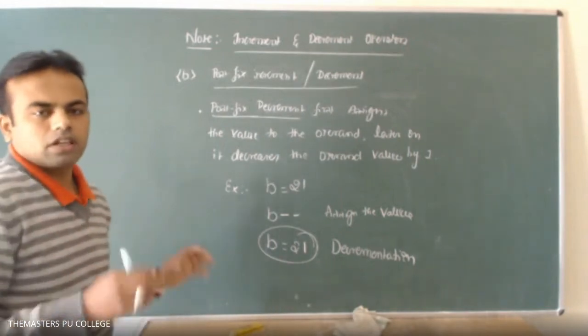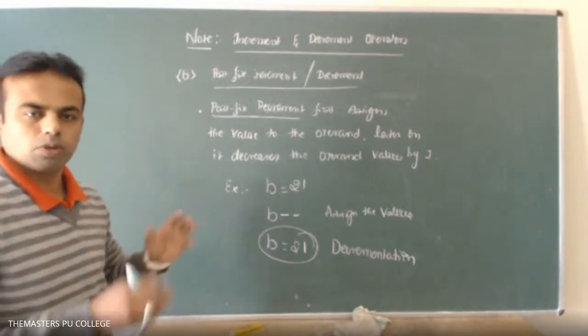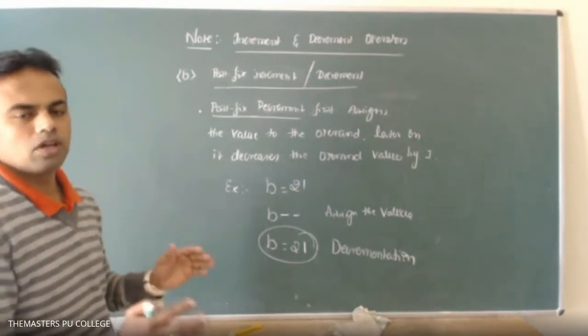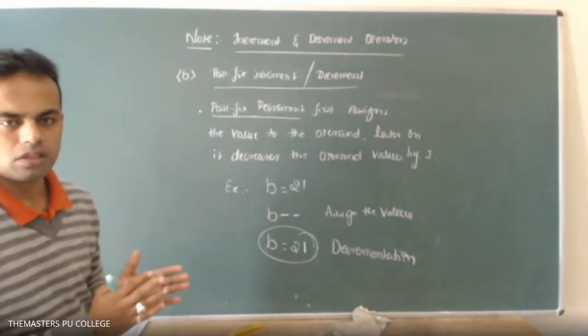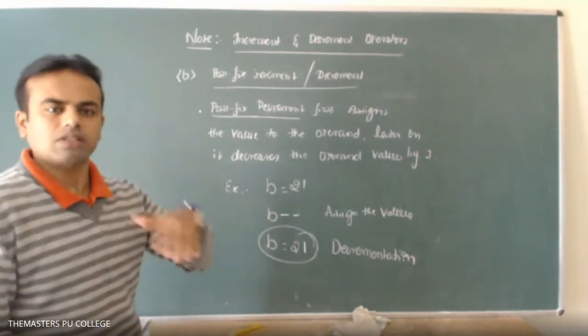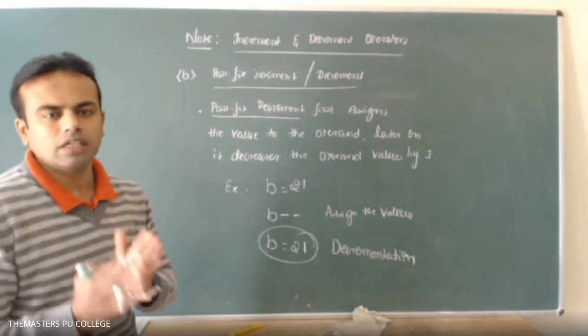Both prefix increment and decrement, postfix increment and decrement will be used for the same purpose. In the prefix increment and decrement, what happens? First it increases or decreases, after that it assigns the value.